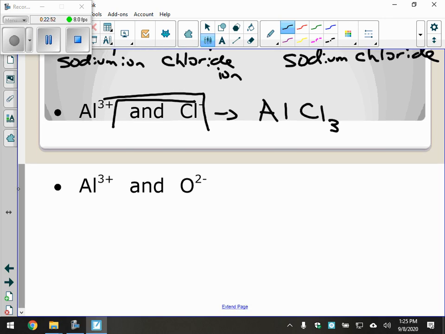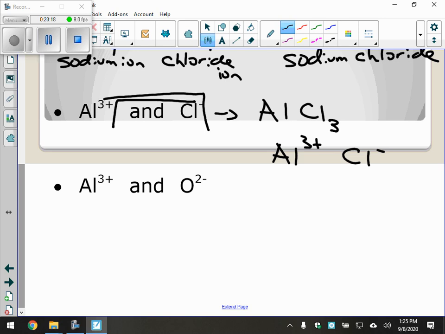So, a couple of things with this one before we get too far. Now remember, where does swap and drop come from? It comes from the fact that we're dealing with these 2 ions. Do these 2 at this point cancel each other out? Remember, the whole point of ionic compounds is whatever I lose has to be what is gained, so the overall charge is what? 0. Is the overall charge here 0?